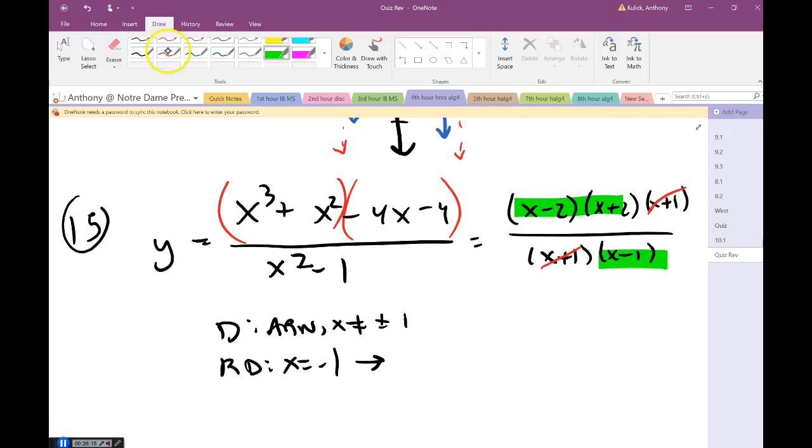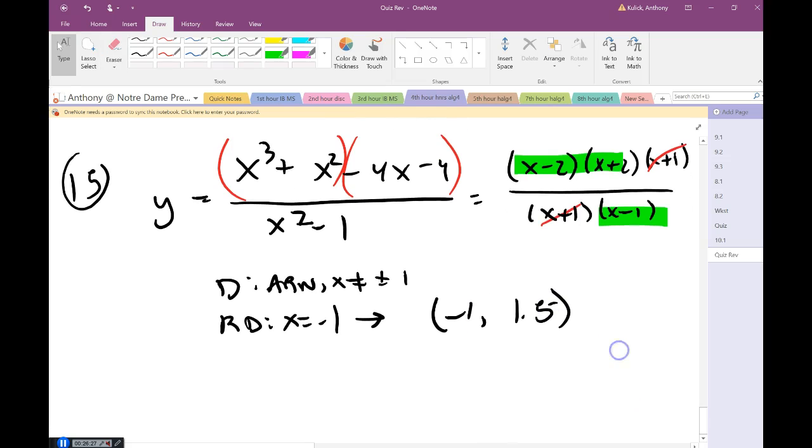So that is, that's not the thing I wanted. I wanted this. So negative 1.5. Oops. Positive though, right? Yeah. And I also have a vertical asymptote at x equals positive 1. You good with that? Okay.